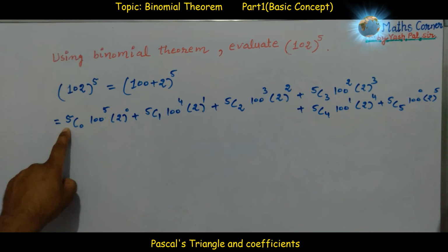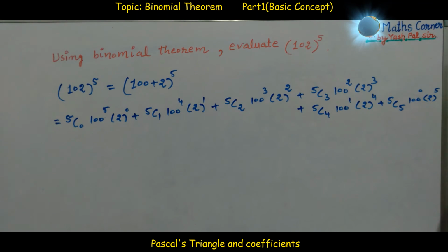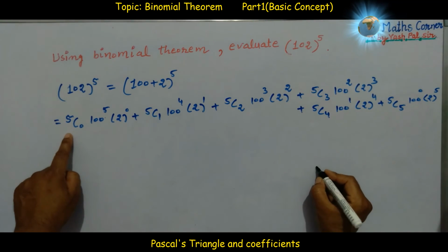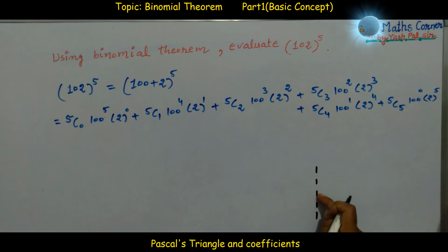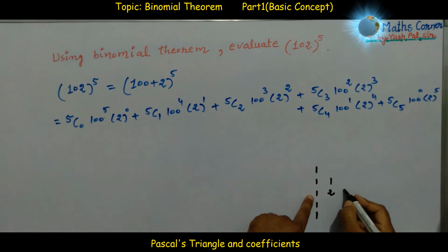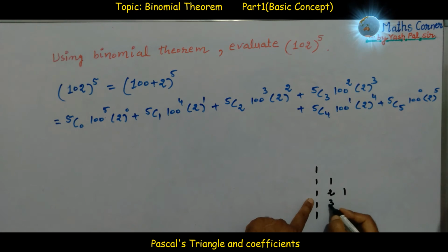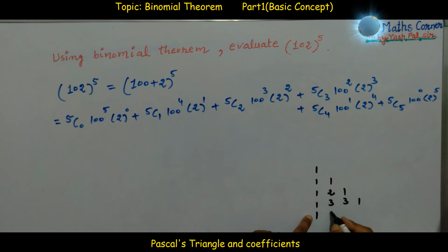triangle because the index is 5. So again I'm writing Pascal's triangle. What was that? This was 1, 1 1, 1 2 1, 1 3 3 1, 1 4 6 4 1, and 1 5 10 10 5 1, because the index is 5. So we write 1 1, then 1 plus 1 is 2, then 1 plus 2 is 3, 2 plus 1 is 3, then 1, 1 plus 3 is 4, 3 plus 3 is 6, 3 plus 1 is 4.